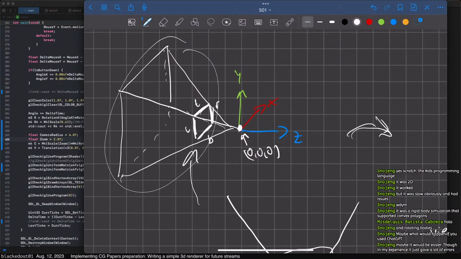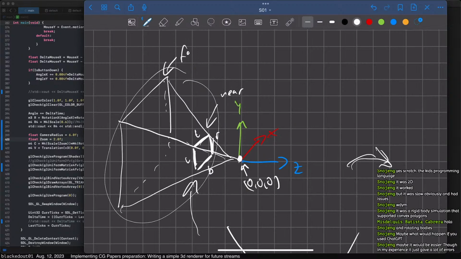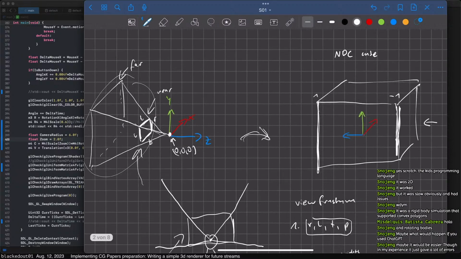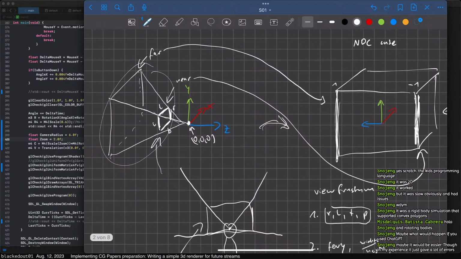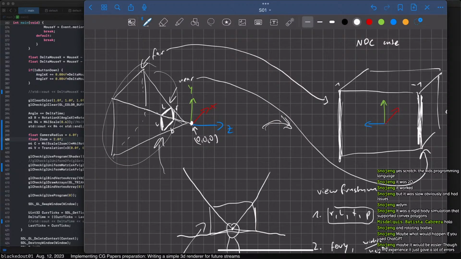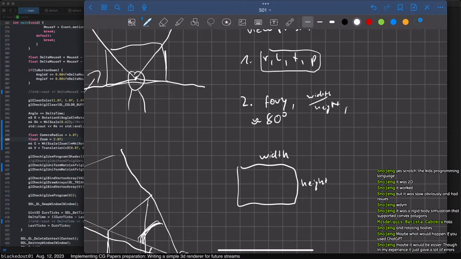So we define a near plane and a far plane that are mapped to these bounds here. So in the end, the near plane is mapped to this distance, and the far plane is mapped to this distance. So these would also need to be defined here.